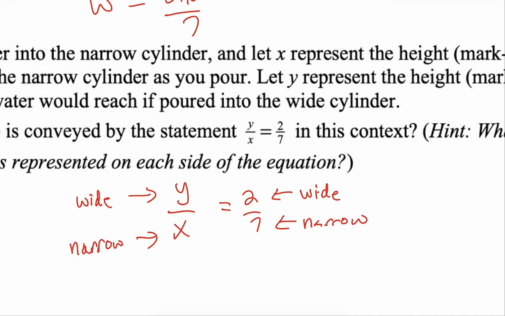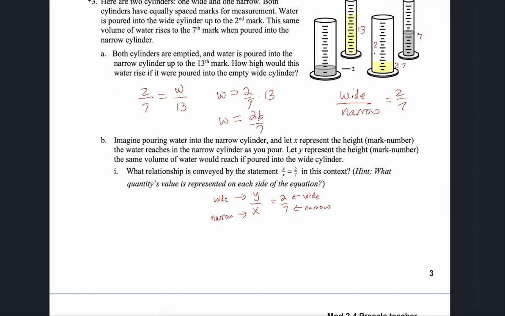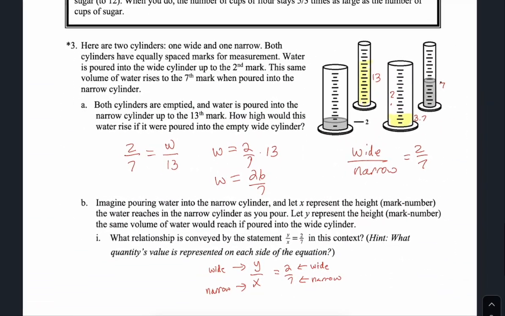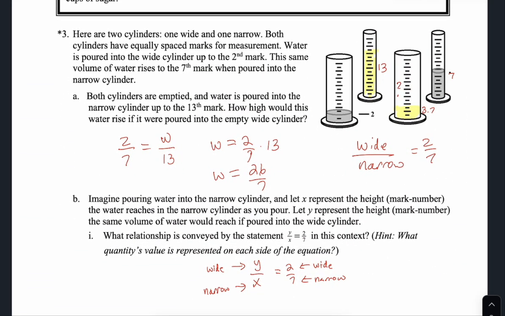If I multiplied the wide and made it 6, then I know the narrow should be 7 times 3 and would be 21. So whatever you do to the top, you would also do to the bottom, because that's how fractions are equivalent. Okay. Were there any questions about this proportionality as far as this?